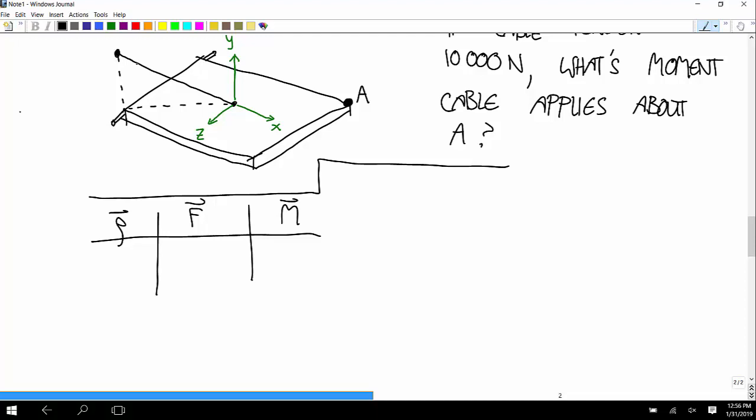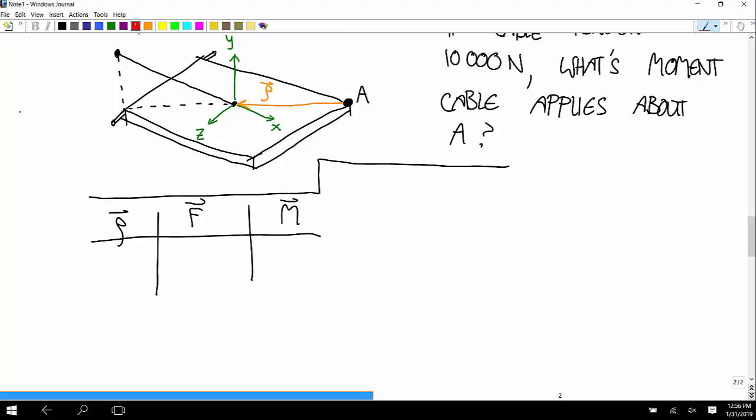Where does that cable apply a force to the plate? Right, that's right. This is the row vector.